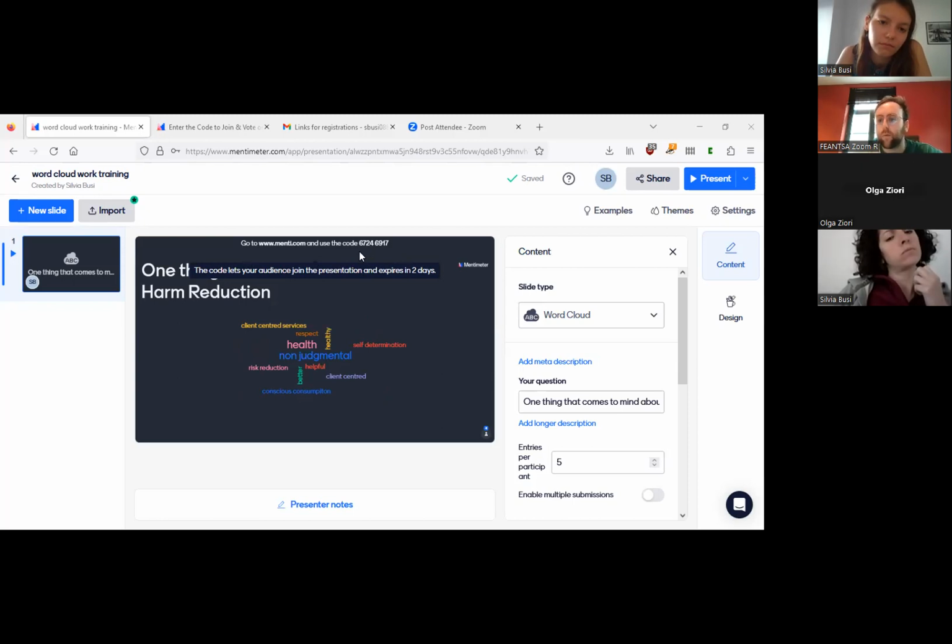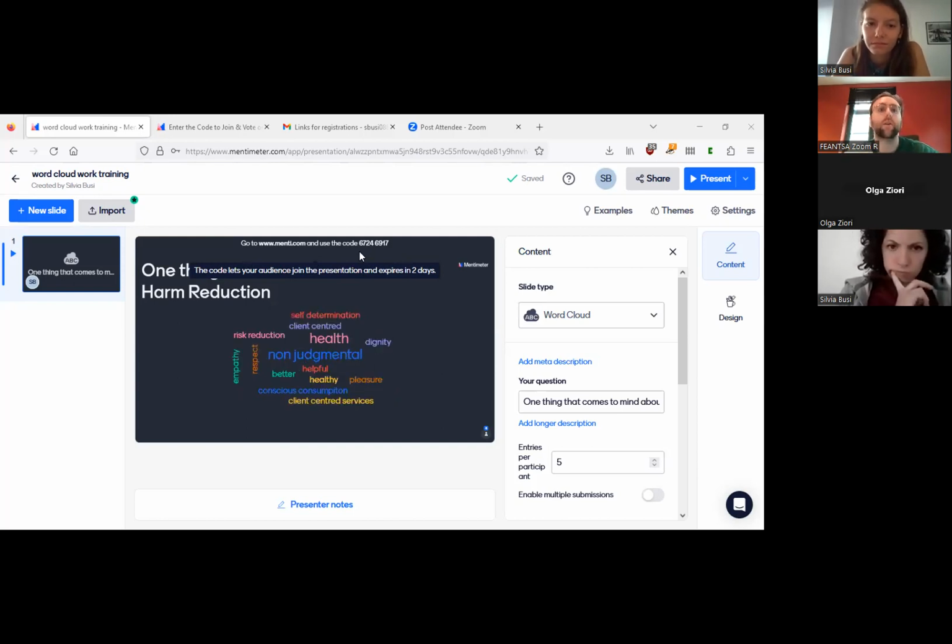We had one or two people just join from the waiting room. So in the chat box, there's a Menti link and a code. Hit the hyperlink and put in the code, and then you're taken to a page where you can put in words that you associate with harm reduction.